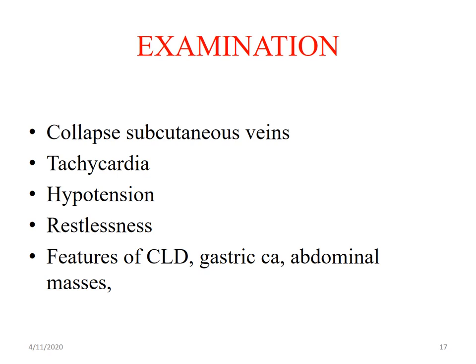Also there may be collapse of subcutaneous veins, tachycardia, hypotension, restlessness, or sometimes the patient is already a known case of chronic liver disease, and as we know, patients with chronic liver disease are liable for upper GIT bleeding from esophageal varices because of portal hypertension, or coagulopathy that results from hepatic cell disorders.